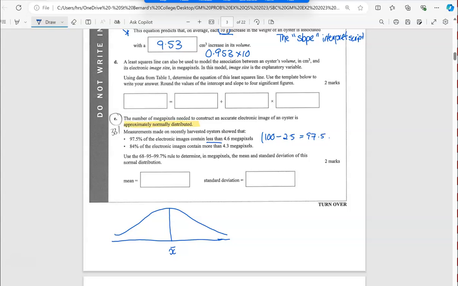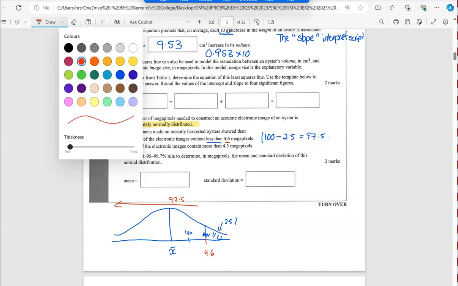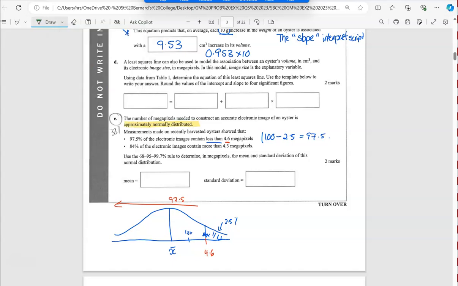Now, because it said less, I'm going to say it's up here. So if I go 1 standard deviation, 2 standard deviations, I know that this pocket is 2.5%. So they're saying that anything less is 97.5%, which means I know that at this point is 4.6. Now they'll give me another one, so I'll just draw it in green.